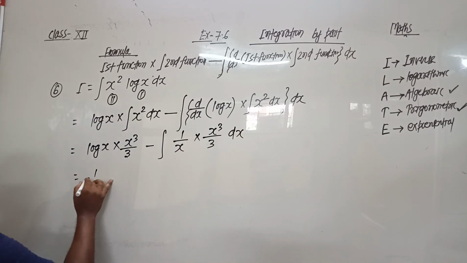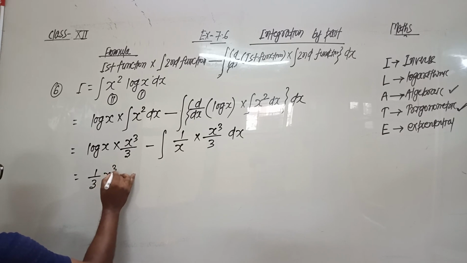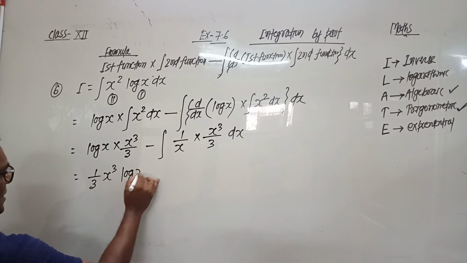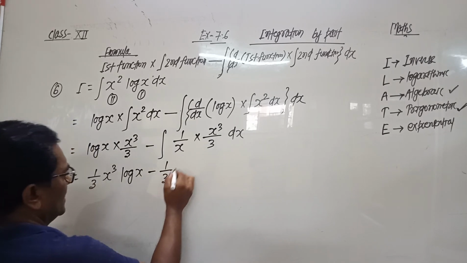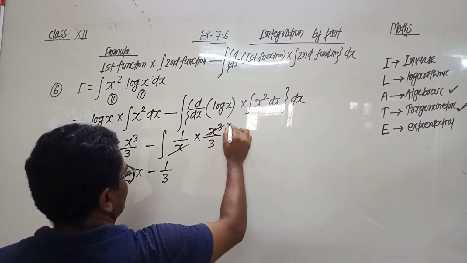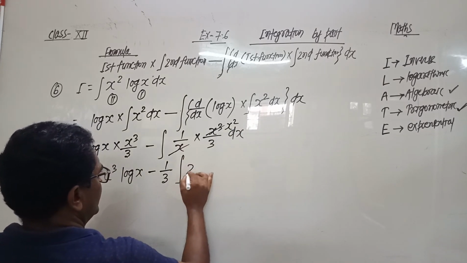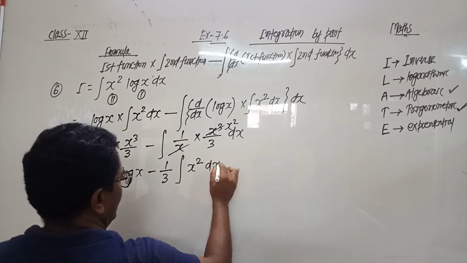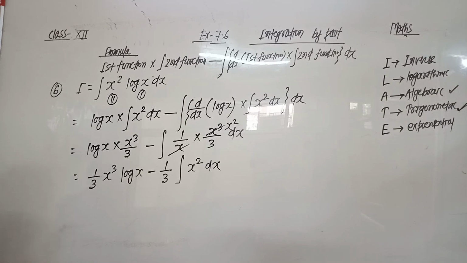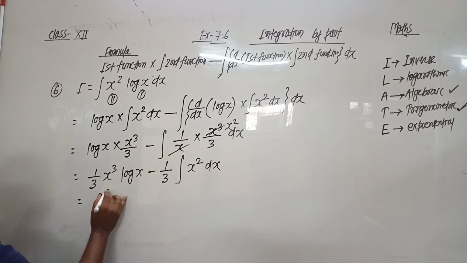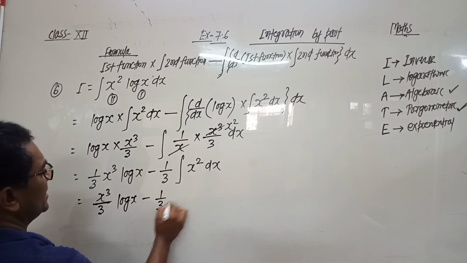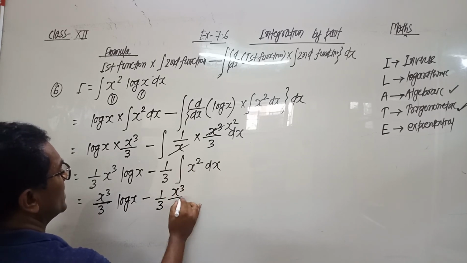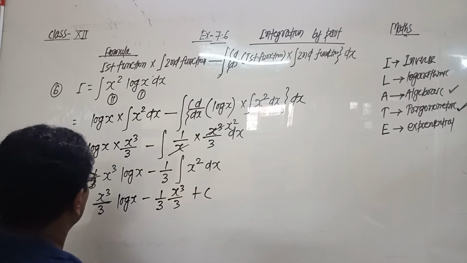So we get 1 by 3 x cube log x, 1 by 3 taken outside as a constant term, and 1 times x gets cancelled. So we get integration of x square dx. So we can write x cube by 3 log x minus 1 by 3 times its integration, x cube by 3, plus c.